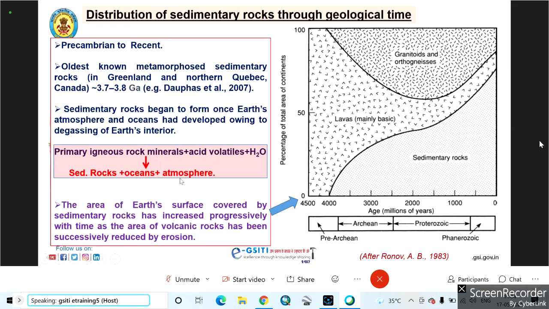Here in the right hand side diagram, you can see the distribution of the sedimentary rocks through the geological time scale, where the percentage of lava, mainly basic volcanics, is decreasing towards the younger age, whereas the percentage of sedimentary rocks is increasing towards the younger age.